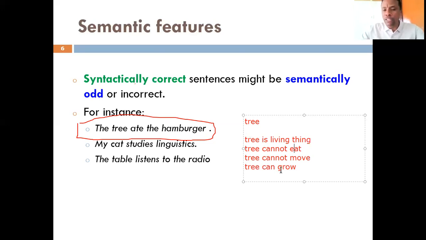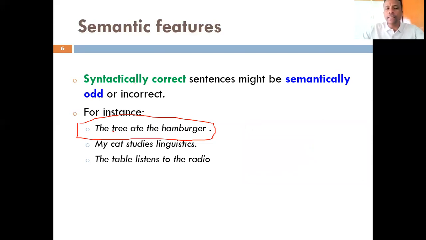If we have this property, this semantic feature, then we can relate it to the meaning. In this case, we can say this sentence is syntactically correct. The morphology of each word is correct. The order of the words is correct, because we have a determiner followed by a noun, followed by a verb, followed by a determiner, followed by a noun.